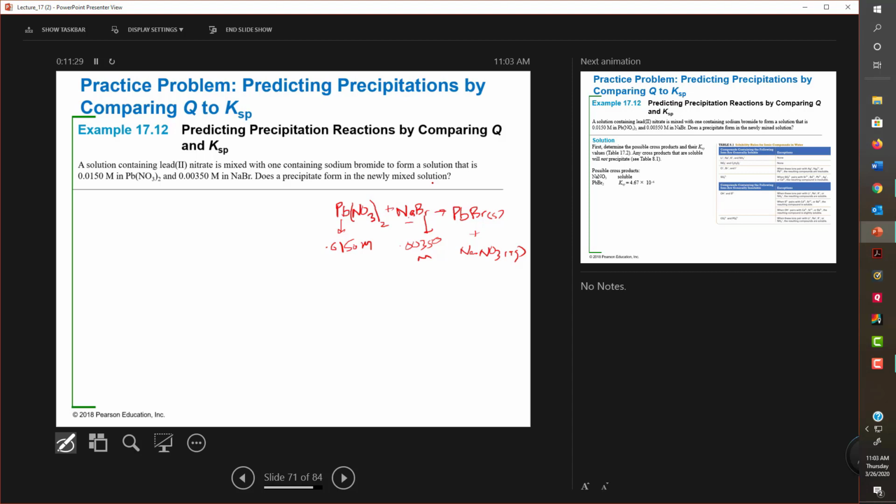That's what we're trying to do here. So we have two separate substances that are water soluble. They're in two separate test tubes. We pour them into the beaker, and what we want to know before we actually see this reaction is we want to be able to predict whether it will precipitate out or not. All right?